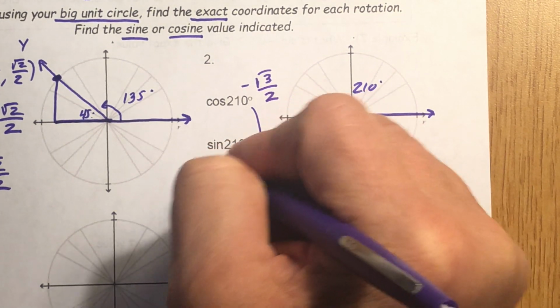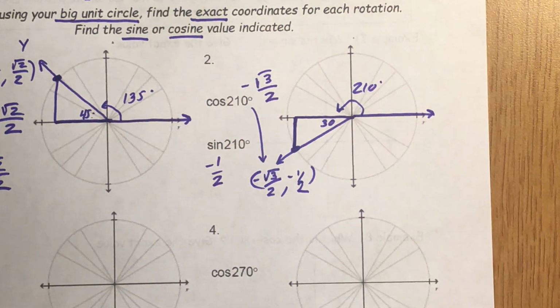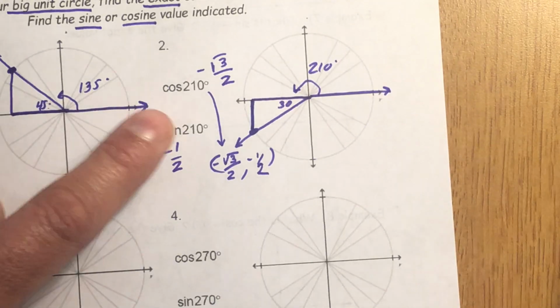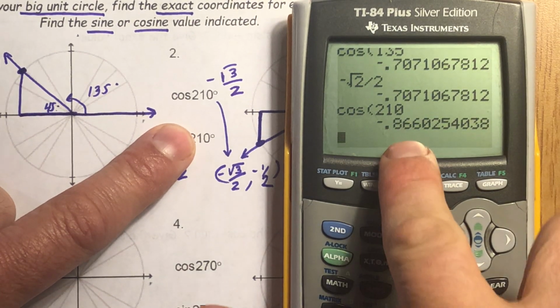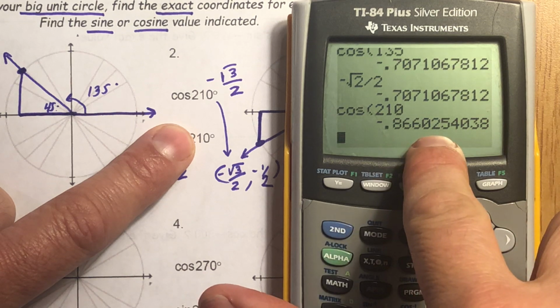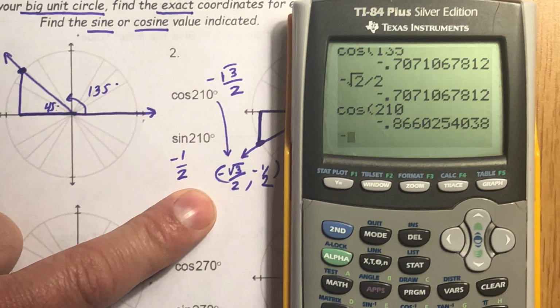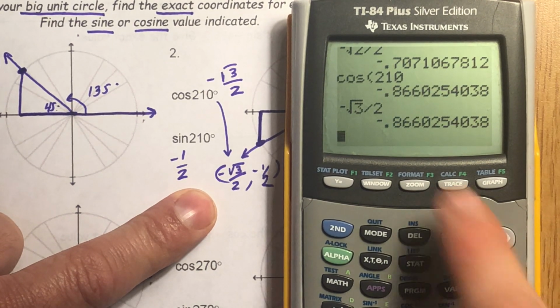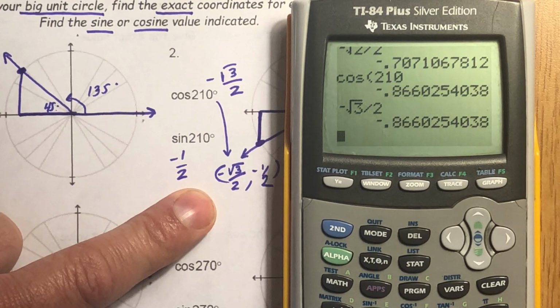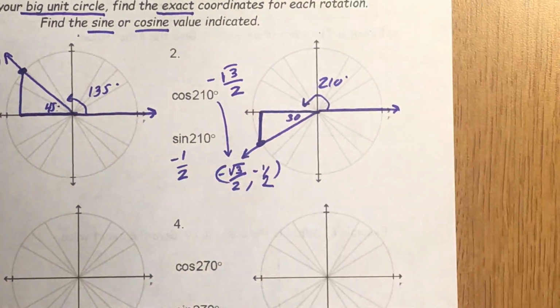And then this one, the sine is negative 1/2. All right, those are the exact values. Now, just to double check, watch this. Cosine of 210 degrees is negative 0.86602. And if I type that in, I get the exact same thing. All right, cool.